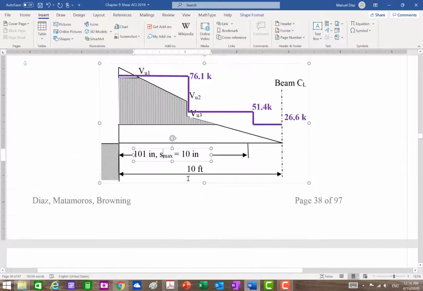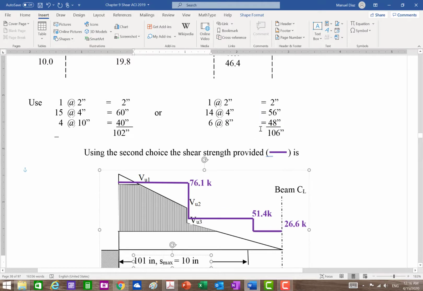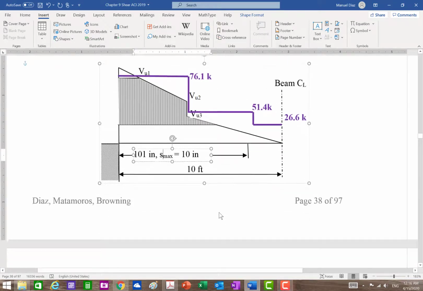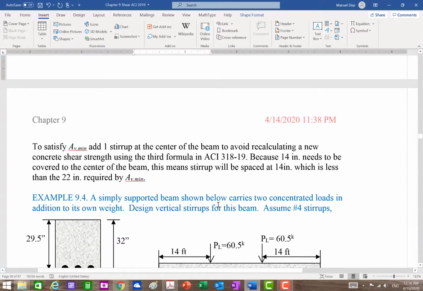Right? Now, we still got the problem of the part that is here that we haven't designed, right? Okay. So we covered so far with this 106, but we need to cover the rest of the dimension, right? So what I'm going to do is add one more stirrup at the center, so that way I don't have to use a new formula, the third formula from ACI.